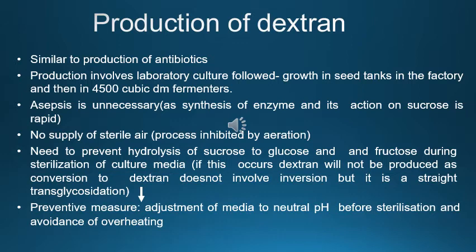If this occurs, dextran will not be formed, because dextran is not a product of inversion, but it is a product of transglycosidation of sucrose. In short, what we need is sucrose, not glucose and fructose, for production of dextran. Now, this can be prevented by adjustment of media to neutral pH before sterilization and avoiding overheating.